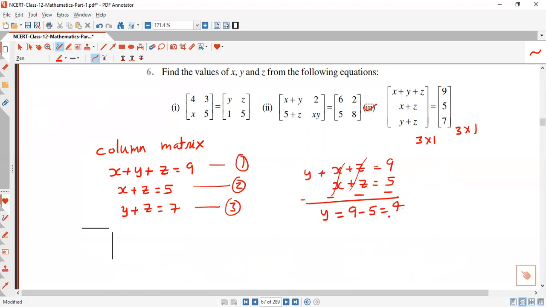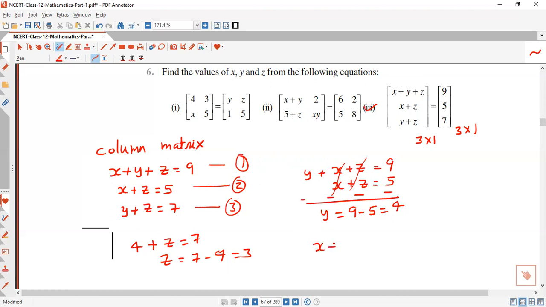Put this value of y equals 4 in equation number 3. So we get 4 plus z equals 7, so z will come out 7 minus 4, equal to 3. Now put the z value in equation number 2.